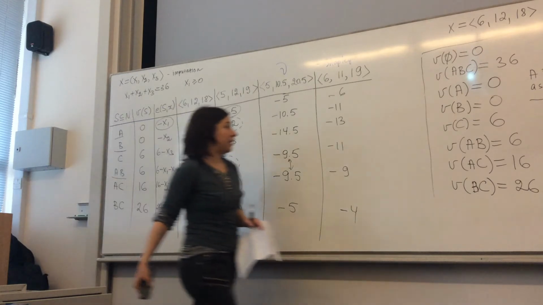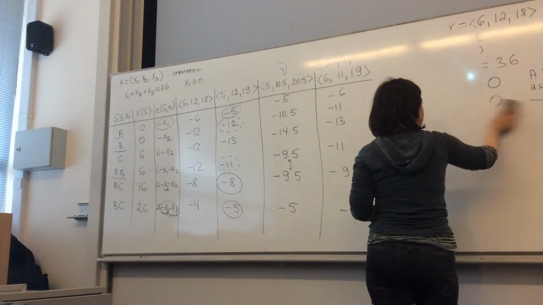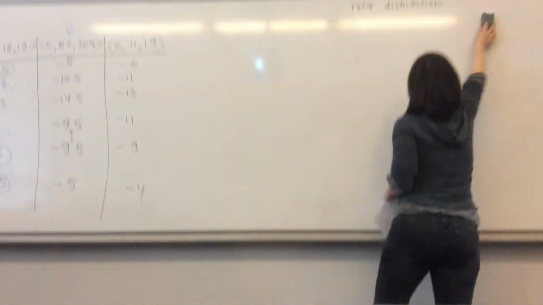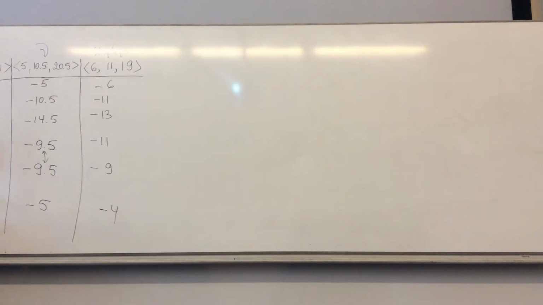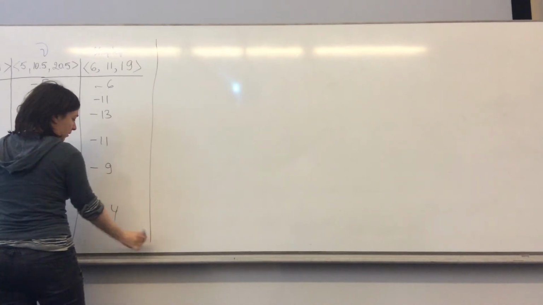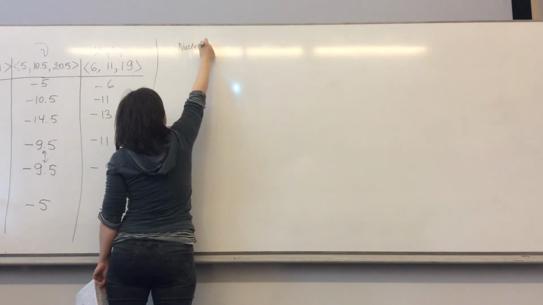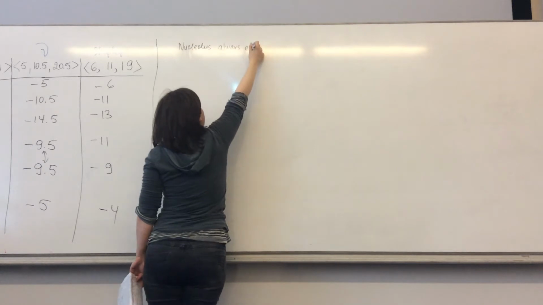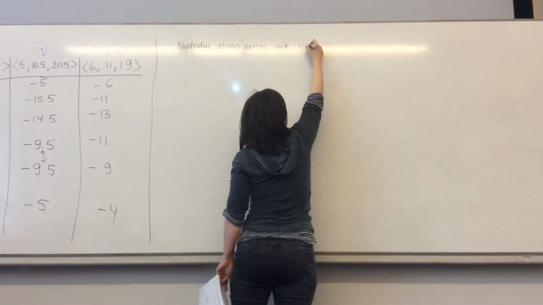Why it's interesting to compare nucleolus to Shapley value is because of its properties. And the properties are as follows. First of all, it will always exist. Moreover, it is unique.